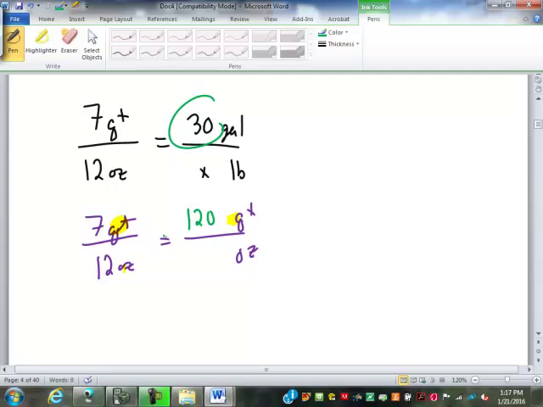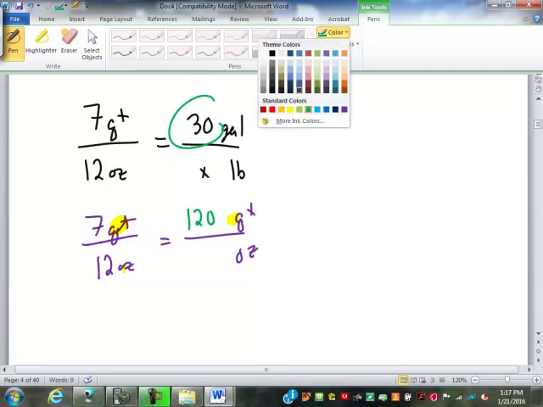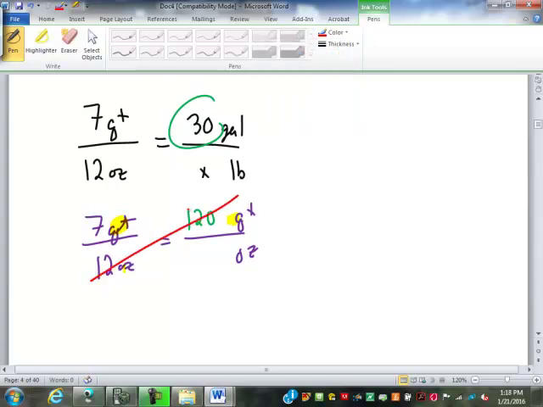So 120 and 12, we're going to cross multiply and divide. 12 times 120 is 1,440, divided by 7 is 205.71 approximately.